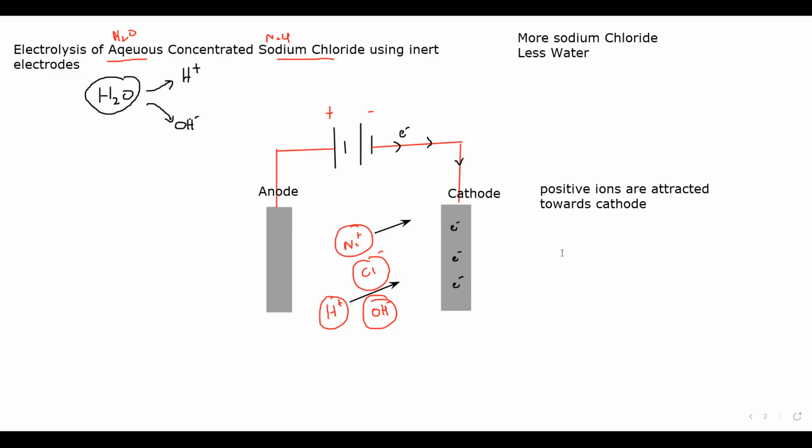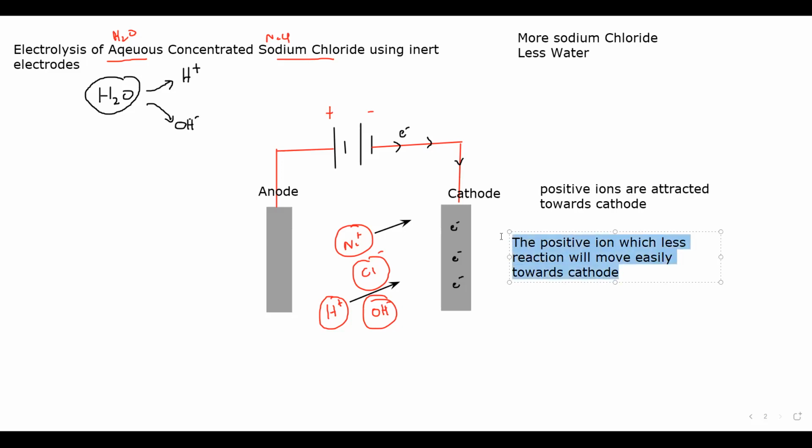So the positive ion which is less reactive will move easily towards the cathode. So this is a very important statement.